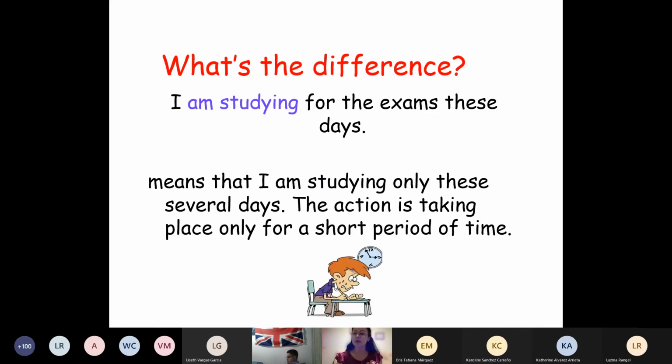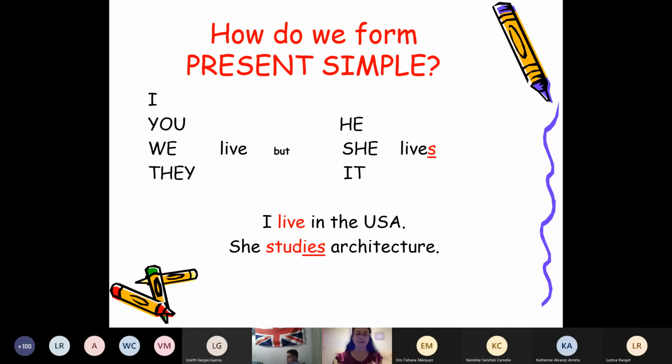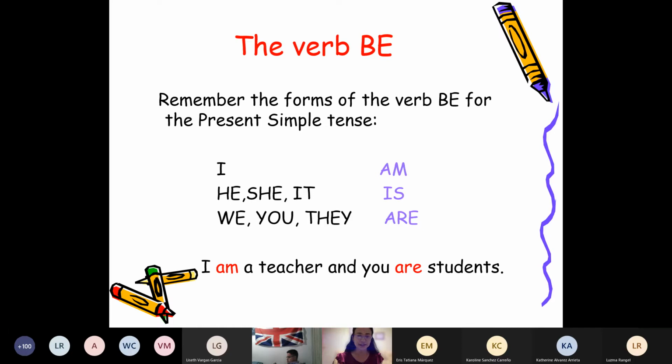Okay? Wilson, it's time to participate. And thank you for all of the students who are trying to participate in order to show the difference between the present simple and the present continuous. What do you think is in the sentence number 3? I don't like or I am not liking football, Wilson?